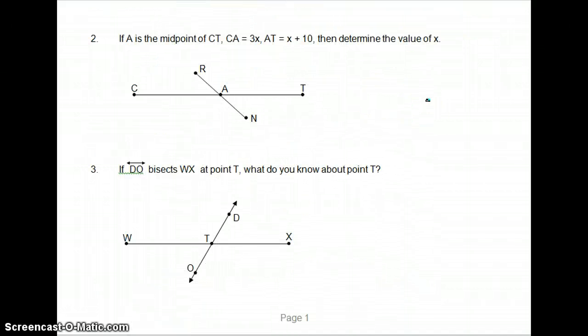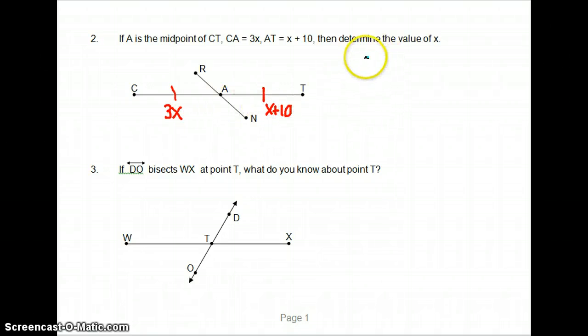Number 2, A is the midpoint of CT, and then CA is 3x, AT is x plus 10, determine the value of x. Okay, so if A is the midpoint, that tells you that this line segment is going to go into this one. CA is 3x, AT is x plus 10.